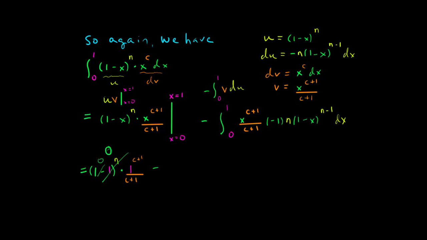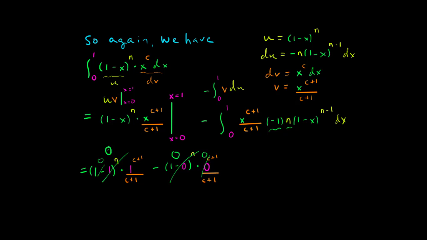And then at the other endpoint, we have 1 minus 0 to the n times 0 to the c plus 1 over c plus 1. And we can see, because of that 0 there, that this whole term also equals 0. So that takes care of the first part of the integration by parts.